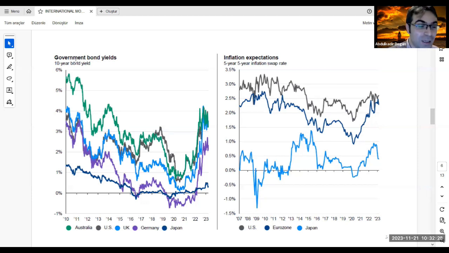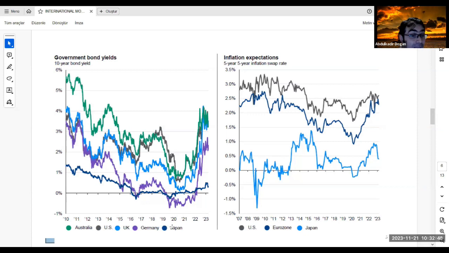And here, as you see, normally in Western and developed markets, government bonds have a really low return because of the low inflationary outlook in their market. Especially in Australia, look at the charts, just a 1% return.